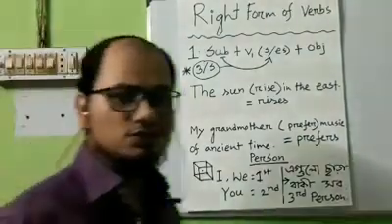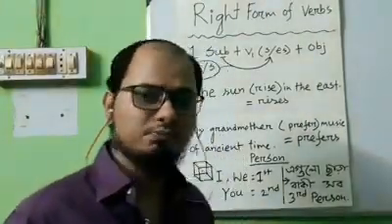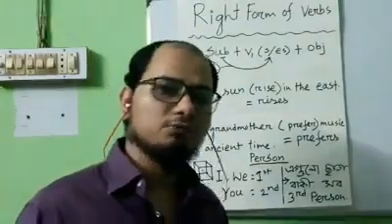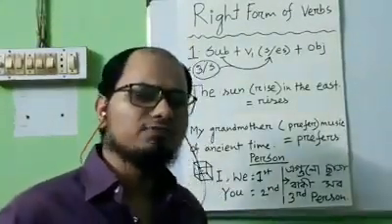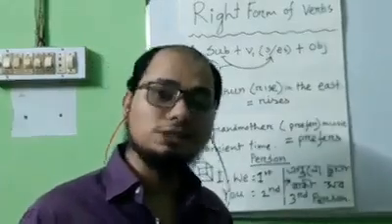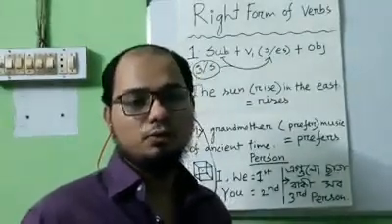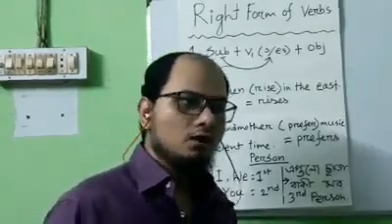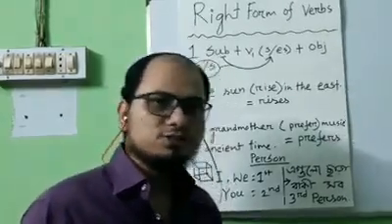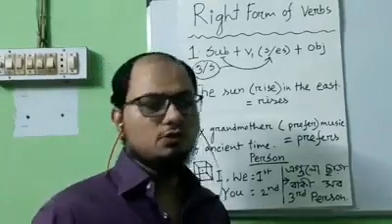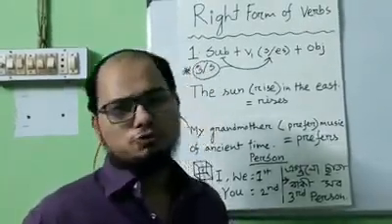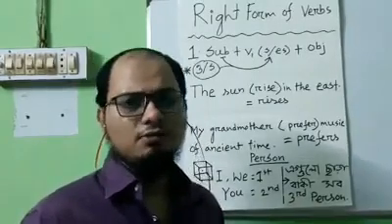If the sentence structure is like that, subject plus verb 1 plus object, in that very case, we should bear in mind that if the subject is third person and singular in number, we must add s or es after the verb word. Or if the subject is first person or second person or third person in plural number, we need not use s or es after the verb word.